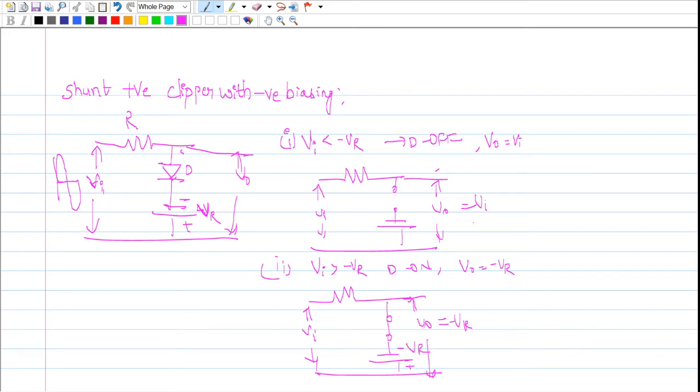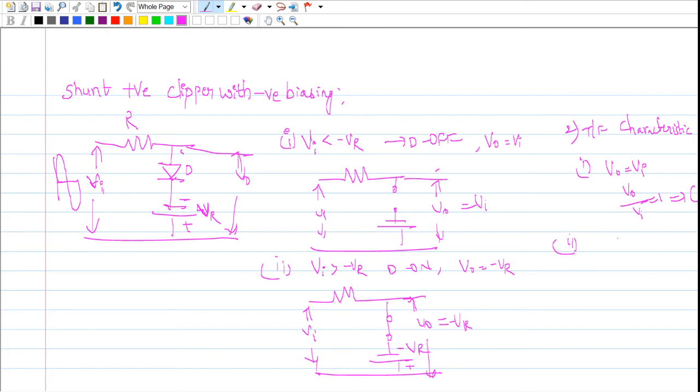Now write down the transfer characteristic equation. The first equation is V0 equal to Vi when Vi is less than minus VR, so V0 by Vi is equal to 1 and the slope is 1.